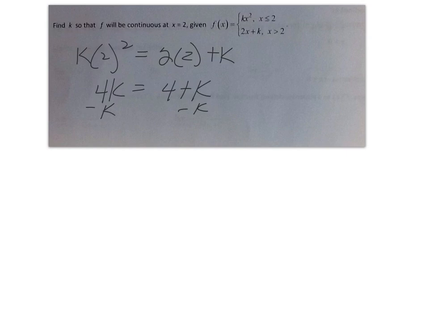So I'm going to say k times 2 squared must equal 2 times 2 plus k. So this is 4k equals 4 plus k. Subtract k from both sides. So 3k equals 4, and then divide by 3, k equals 4/3. So there's the k value that makes the function continuous.